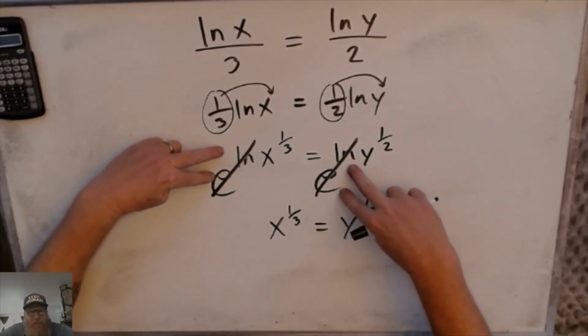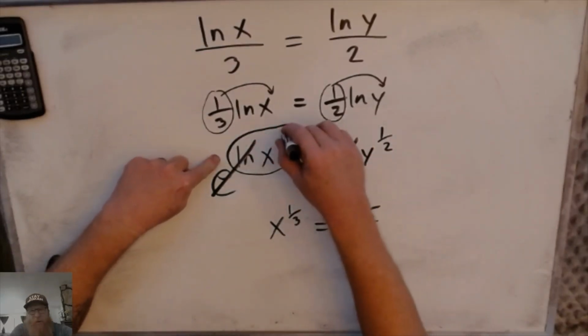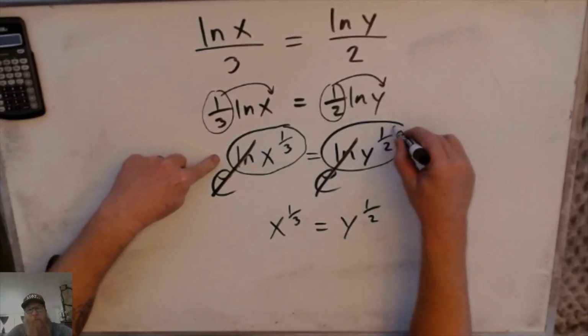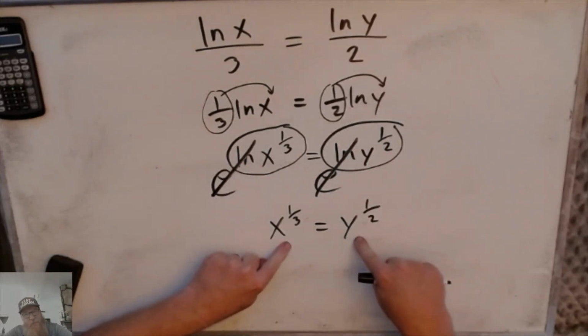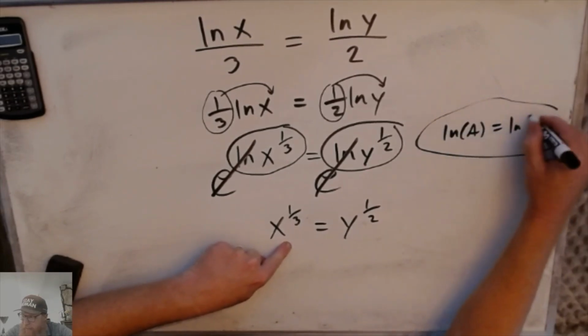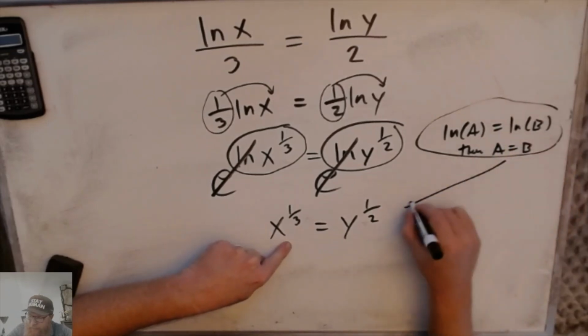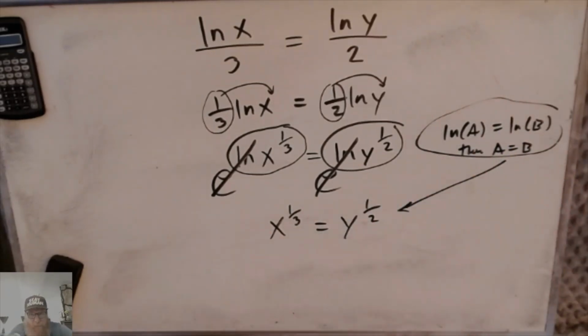Sometimes people skip this step. Once you have ln of x to the 1/3 and ln of y to the 1/2, you can jump directly to this step, because if ln of a is equal to ln of b, then a is equal to b.